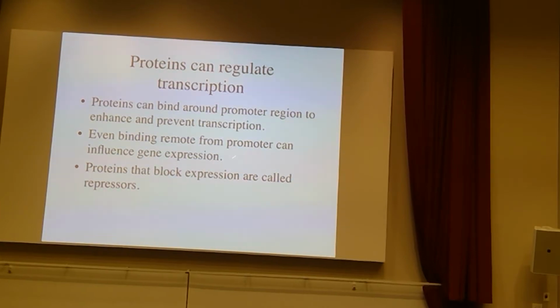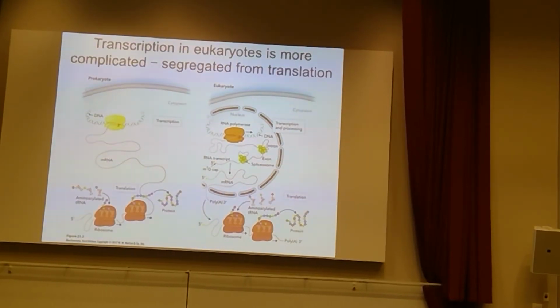Some of them are promoter proteins, and there are other proteins that actually block the polymerase from engaging, and we call those repressors, and we'll talk quite a bit more about those again later in the semester.